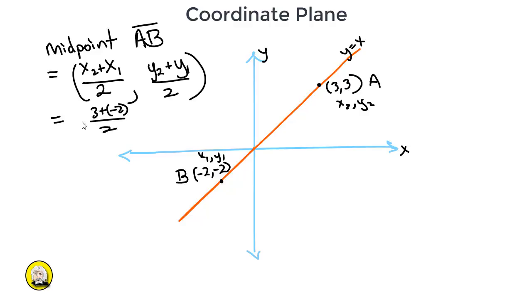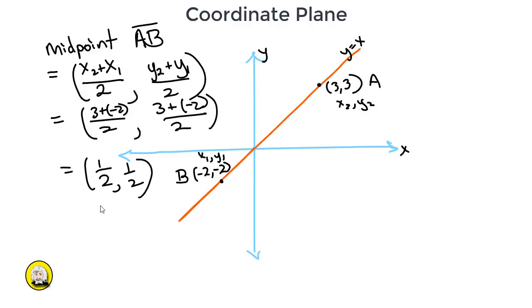So if we actually plug in the results for this example, my x2 is 3, my x1 is -2, so it's 3 plus -2, or plus 1 over 2. And my y2 is also 3, and my y1 is also -2. So that's 3 plus -2, or 1, divided by 2, again. So my midpoint of the segment AB is 1/2, comma 1/2.